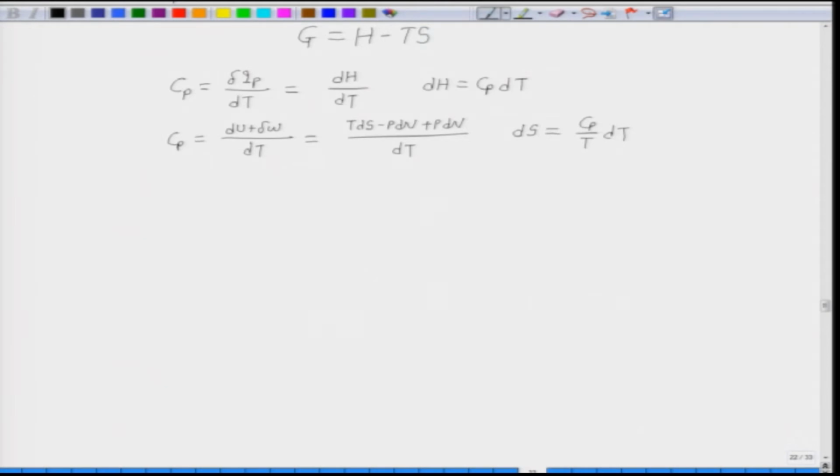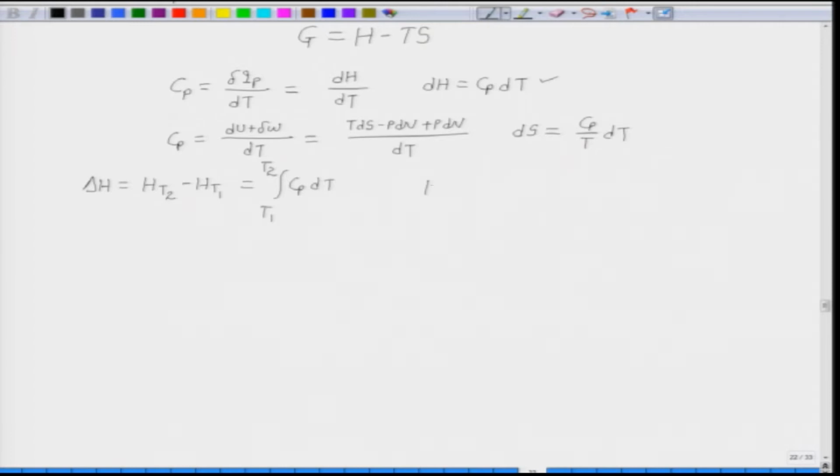So, let us get to first the enthalpy. Based upon this, if we make a state change and the temperatures of the two states are T1 and T2, then we can write delta H for the state change as H at T2 minus H at T1 is equal to integral of Cp dT from T1 to T2.